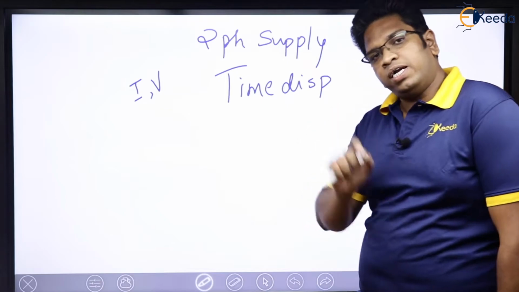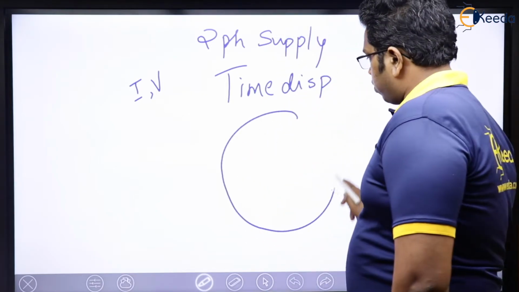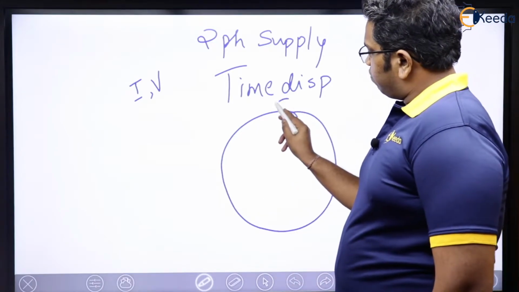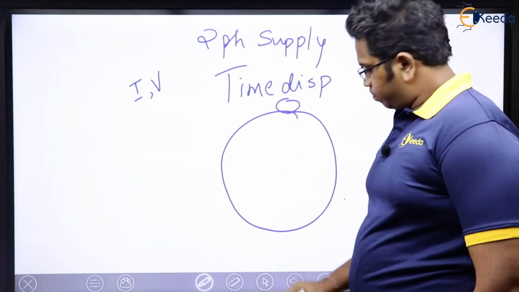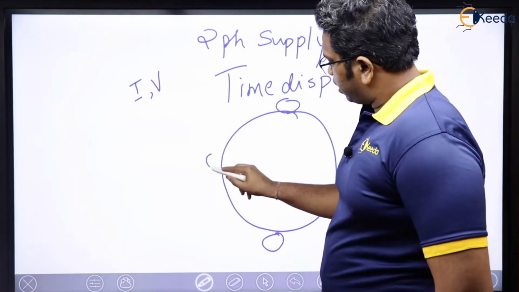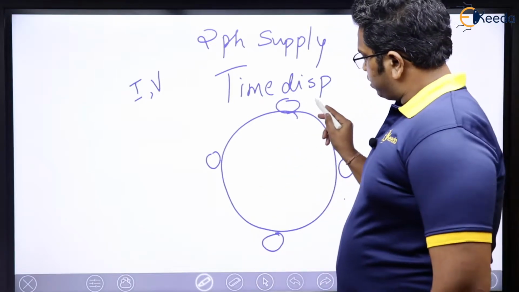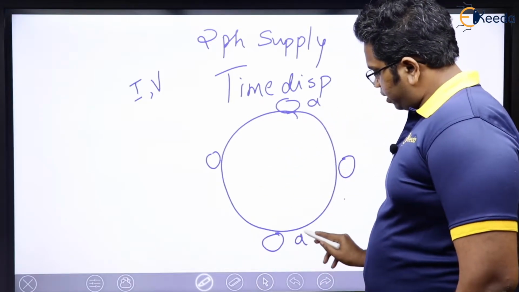Space displaced winding means, for example, see here, let me just revise what we have done. I have a conductor here, another conductor here, one conductor here, one conductor here. Now let me have the phase A conductor here, A dash conductor here.